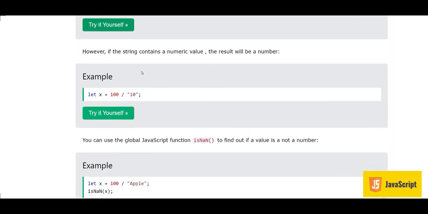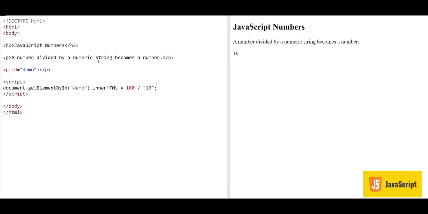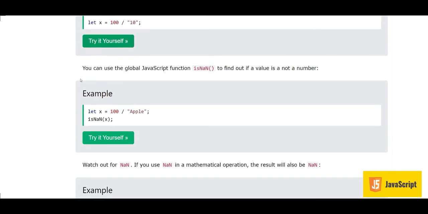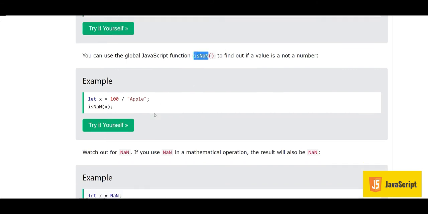However, if the string contains a number value, the result will be a number. We have already studied this. We are dividing 100 by "10", and "10" is converted to a number before division, and the answer is 10. We can use the global JavaScript function isNaN to find out if a value is not a number.